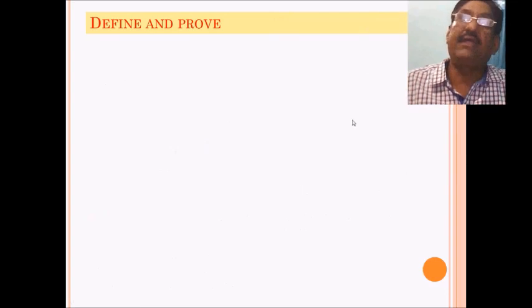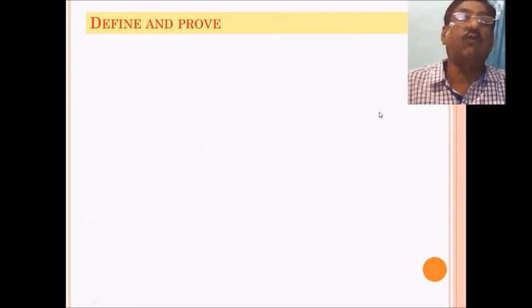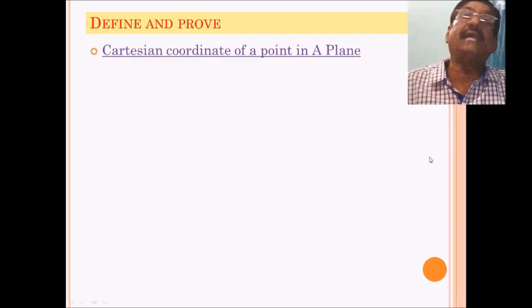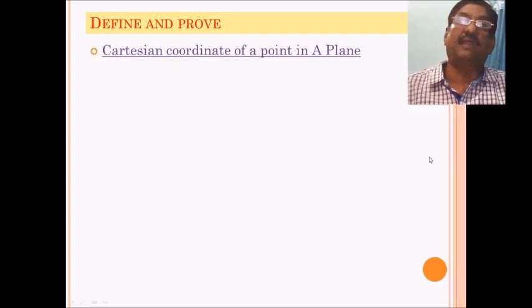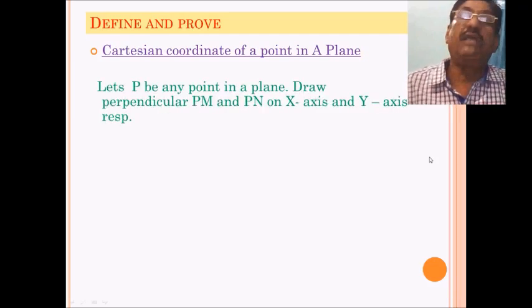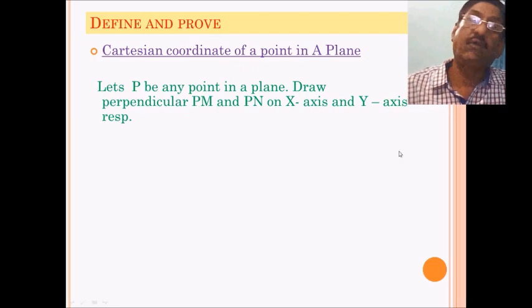In this way, any point in this plane is represented by two coordinates: the first coordinate is known as the x coordinate and the second coordinate is known as the y coordinate. A point on the x-axis always has y coordinate 0.